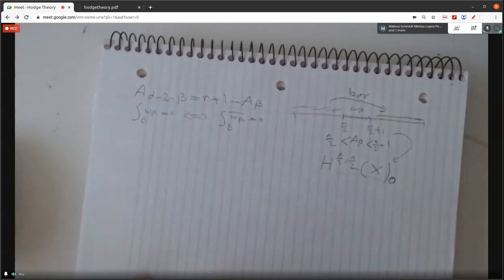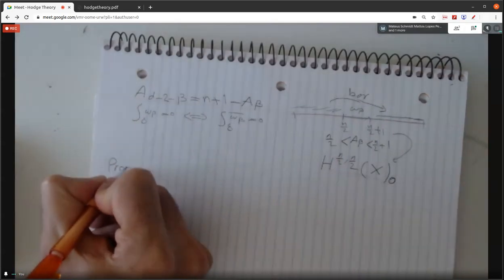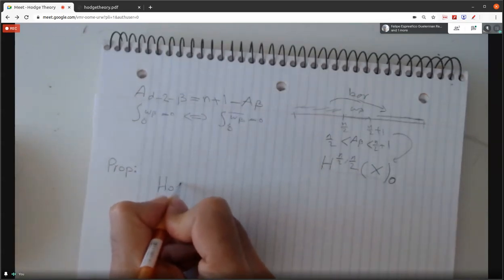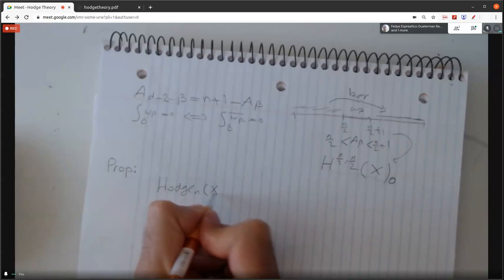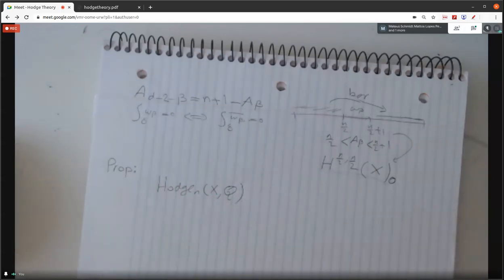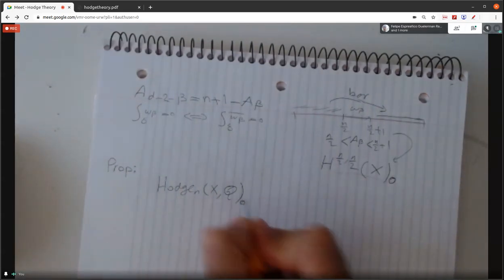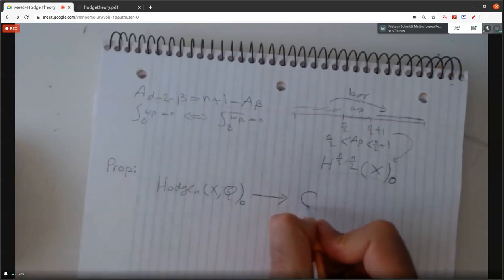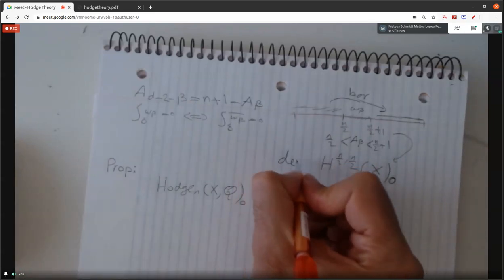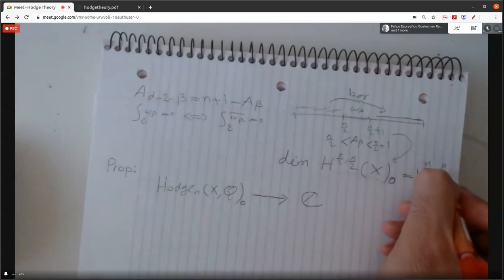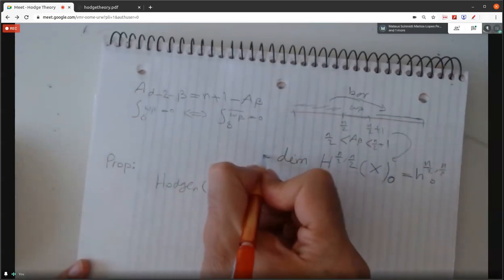Okay, in any case, maybe one proposition. So let's say a space of Hodge cycles. Again, just not to bother oneself with integrality, this is important, but and then the primitive one. Let's say the dimension of this one, let's call it h n half 0. And what is this?